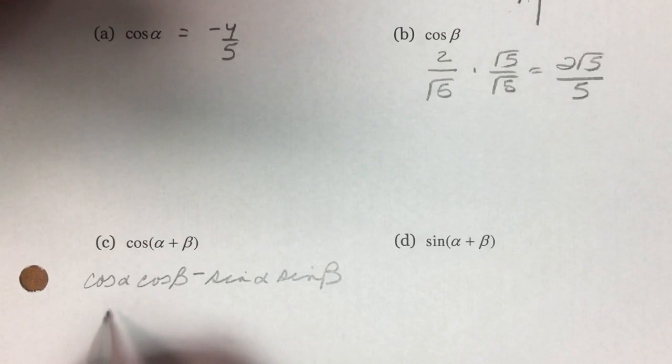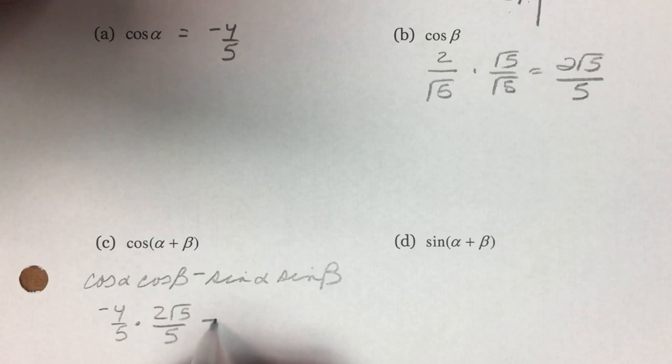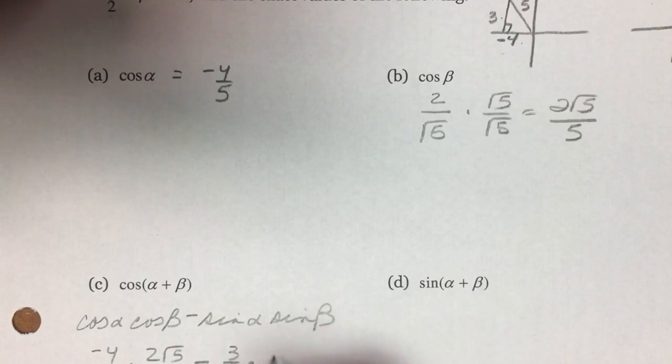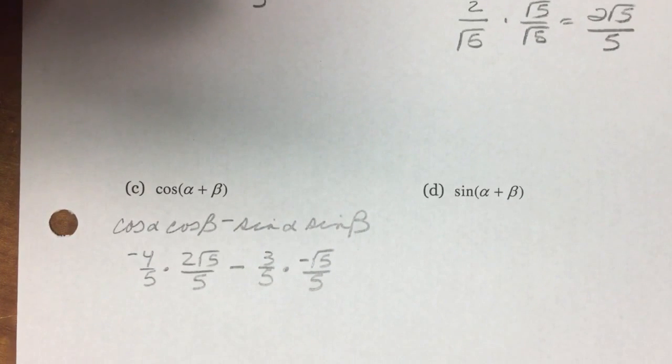So the cosine of alpha is negative 4/5 times the cosine of beta is 2 root 5 over 5 minus the sine of alpha is 3/5 times the sine of beta is negative root 5 over 5. So I'm just plugging in the values from the triangles that I already have.